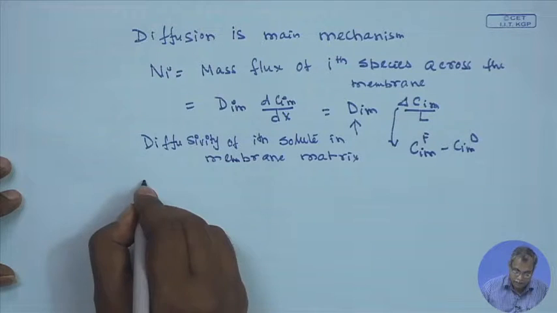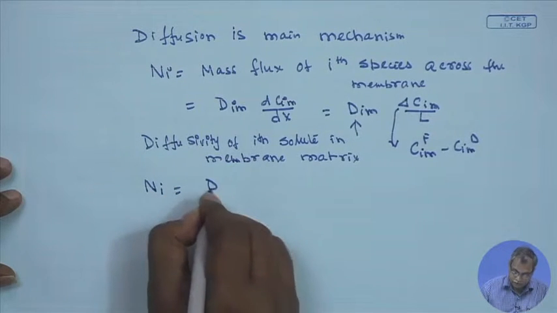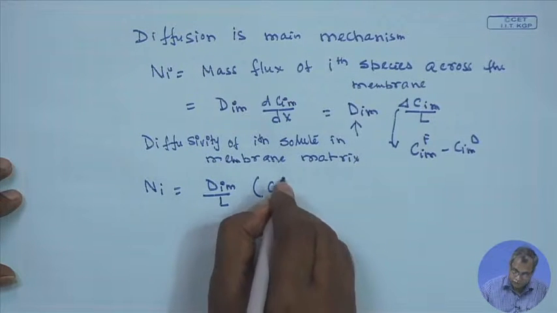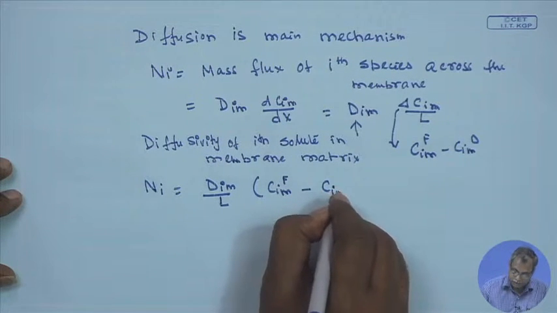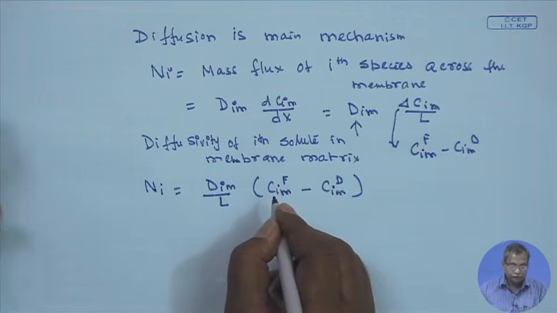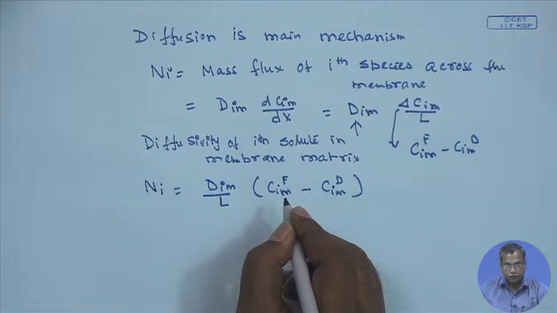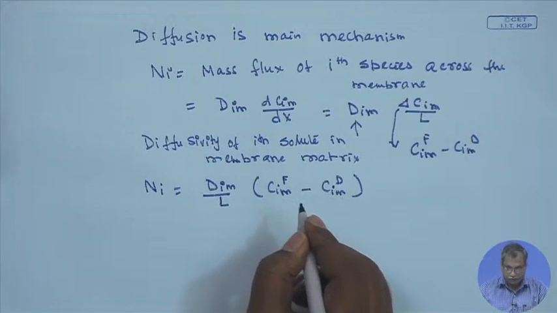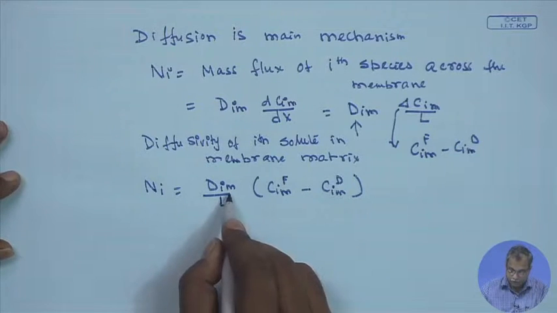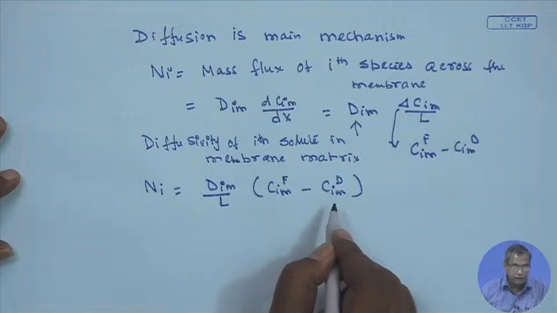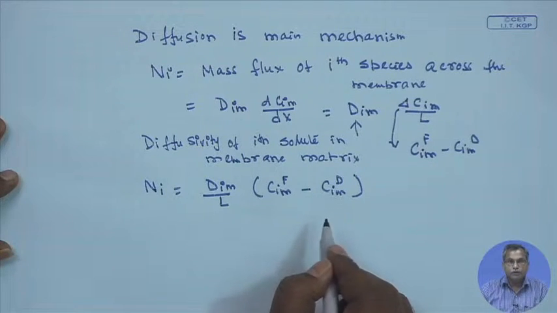So, Ni will be nothing but Dim over L times Cim in the feed side minus Cim in the dialysate side. The determination of Dim is very important. If we can determine the diffusivity of the solute in the membrane matrix, then by measuring the concentration in the feed side and the dialysate side, we can find out the total molar flux or mass flux across the membrane.